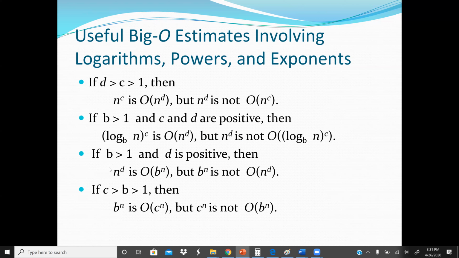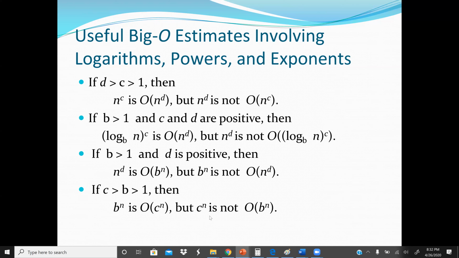Now, if b is greater than 1 and d is positive, then we can say that n to the power d is big O of b to the power n. But b to the power n is not big O of n to the power d. Now, if b is greater than 1 and less than c, then we can say b to the power n is big O of c to the power n, because c is greater than b.